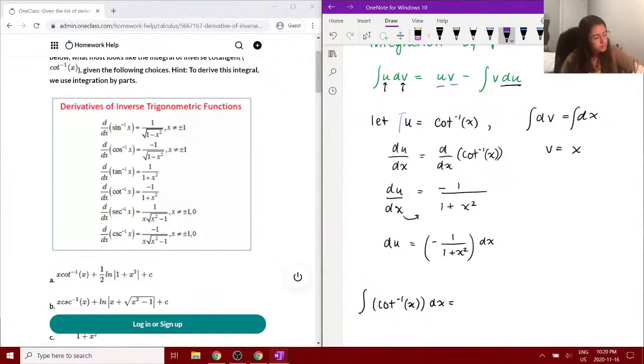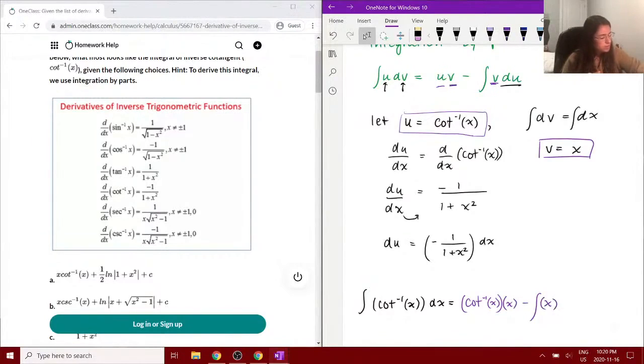Our u is this term, the inverse cotangent, in brackets so it's separated, times v, which is x, minus the integral of v, which we just said is x, times du, which is this term here, putting that all in a bracket, 1 plus x squared dx.